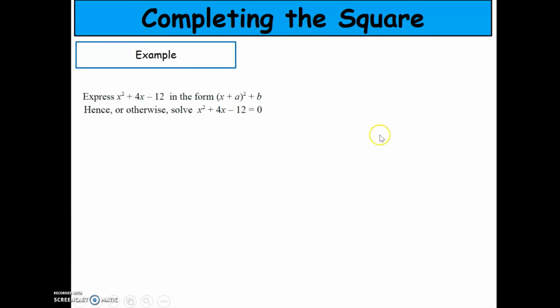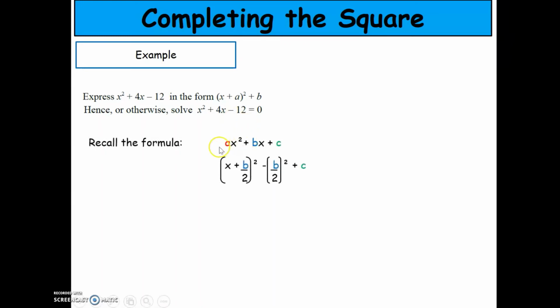Next, we would like to complete the square, and then we would like to solve the equation after we have completed the square.